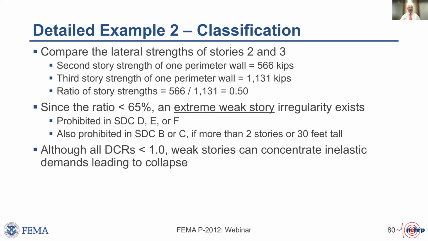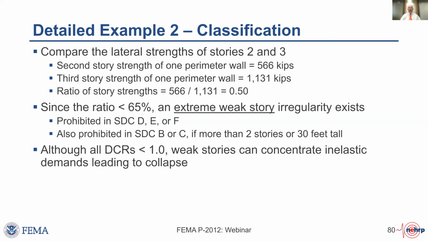And what we find as a result is that the second story has only half the strength of the story above. That means that not only is it a weak story, it's an extremely weak story. That would be prohibited in high seismic areas. And it's even prohibited in seismic design category B or C generally.